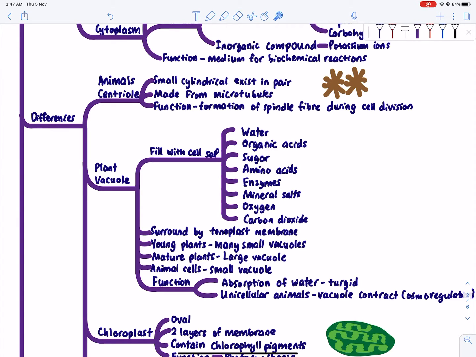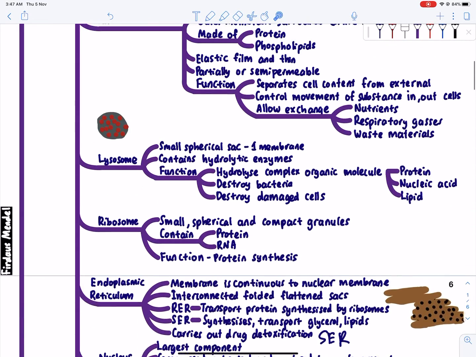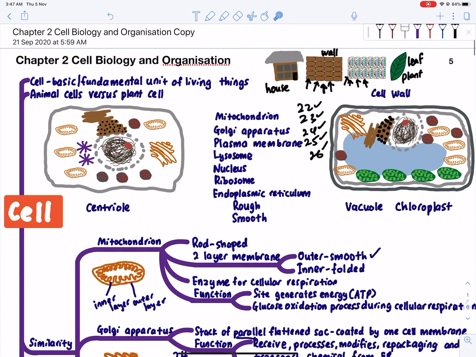There are many types of cells. This one is a general structure of the plant cell and animal cell. But you need to understand that the structure and function of a cell are based on the type of organ it makes up.